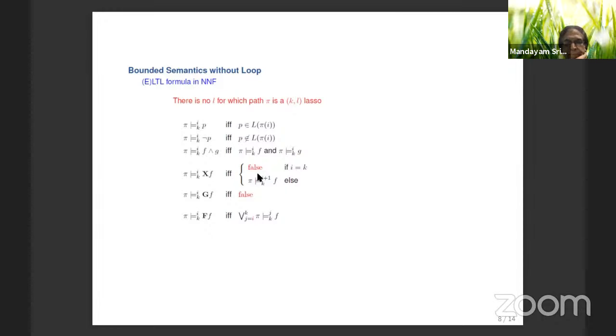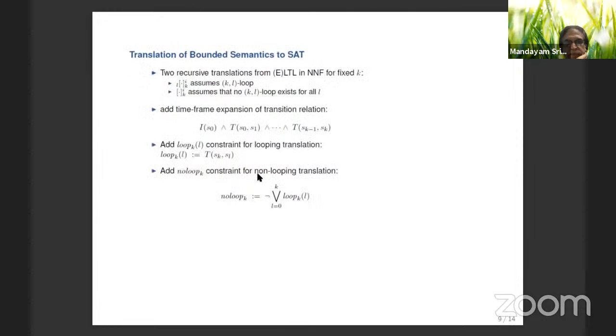As you will see, we will have one translation for the looping case and another translation into the actual SAT formula. But at the top level, those are described like this. So something dot K, where after the dot you have a formula.